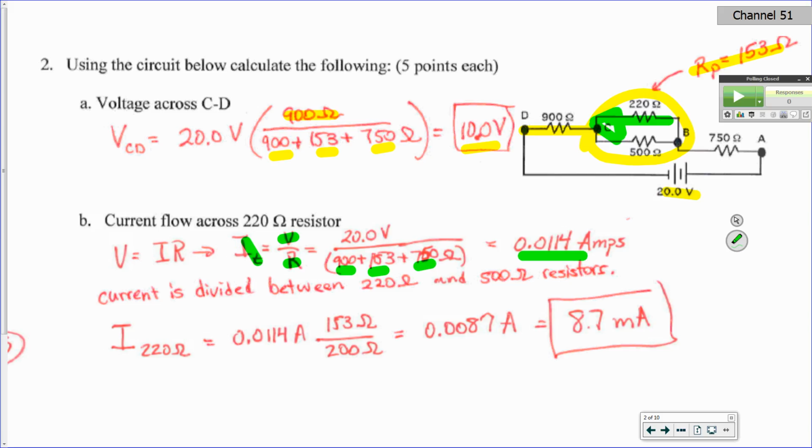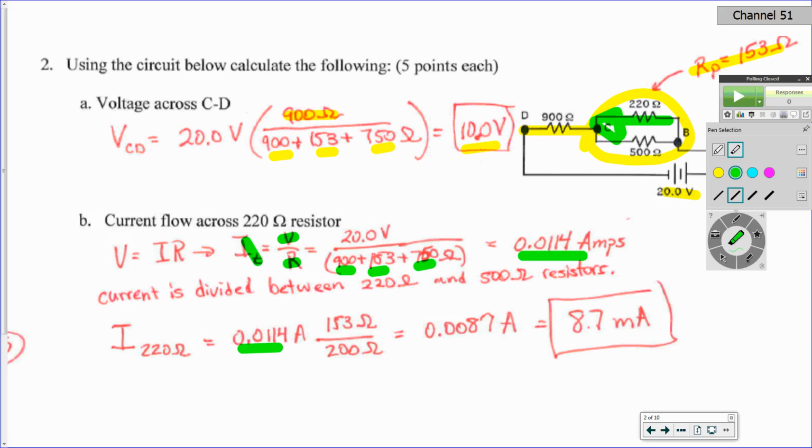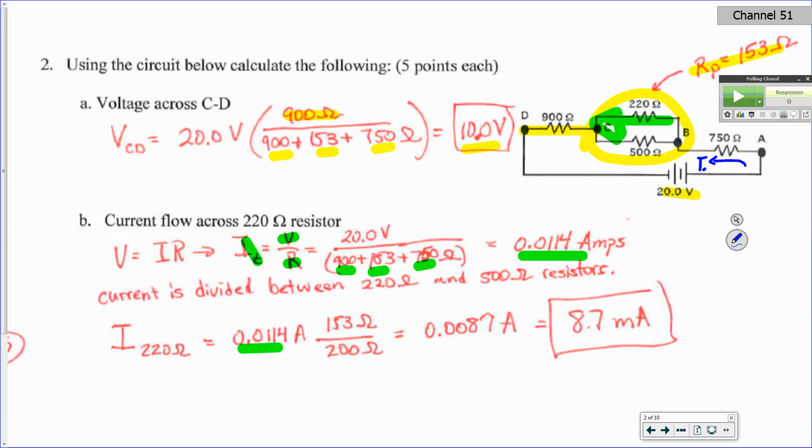And then if we set up the voltage divider or current divider equation, we take the current, and all of the current goes across the first resistor. So if you think the current's going through here, I total is going across the 750. I total is also going across the 900.